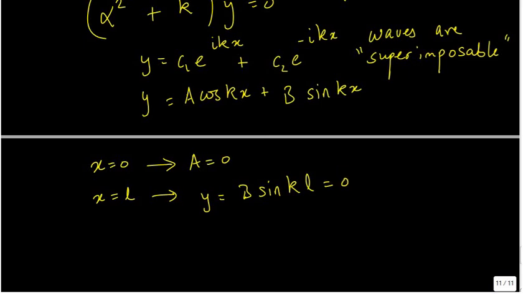Okay. Again, I can choose either of these. I can choose B to be 0. That's another trivial solution. Doesn't interest me. sin of kL is equal to 0.